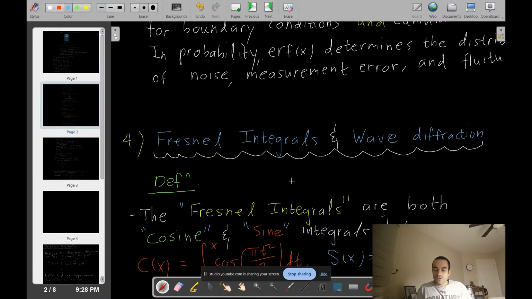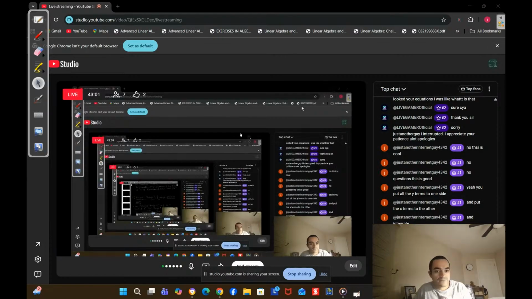I'm going to go through it, but I'm not going to complete the problems that I'm going to post on the cosine and sine Fresnel integrals. I feel like you guys have the background of integral calculus, so you should be able to do it. But once you see me start the process, I think you'll be able to take it from there, so you can try them for homework. But let me explain more about Fresnel integrals before we get on, unless there are any questions.